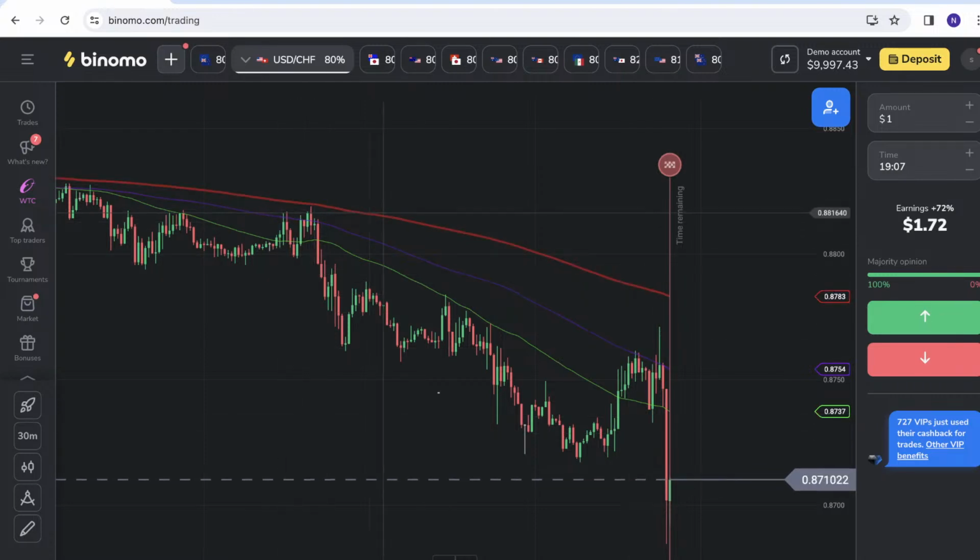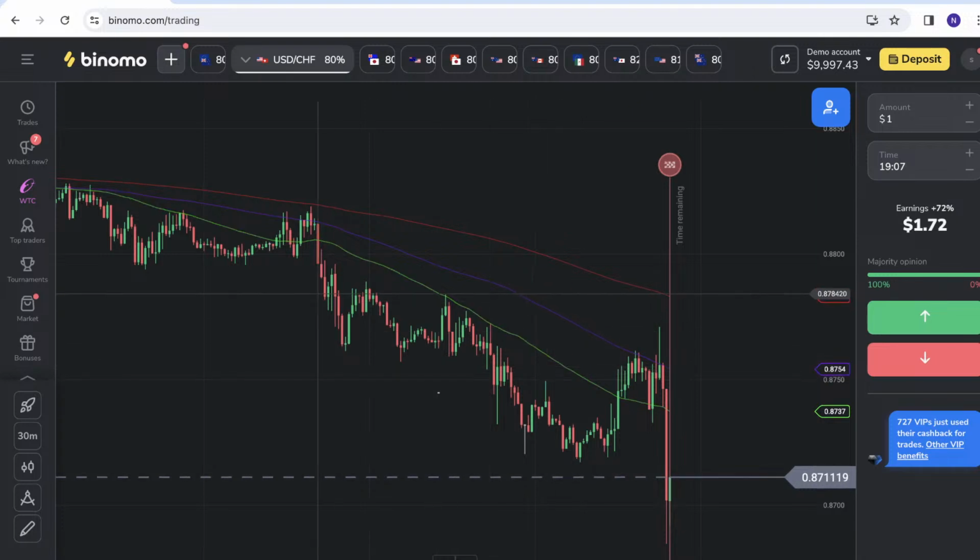And if we are talking about 200, we get the last 200 Japanese candlesticks, and the moving average will draw these lines on the graph. As you can see, the green one is the 50 moving average, the blue one is the 100, and the red one is the 200 moving average.